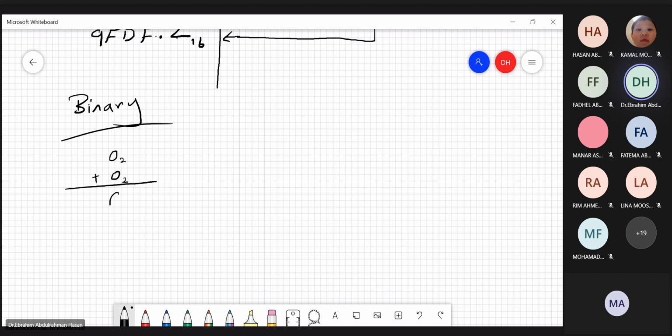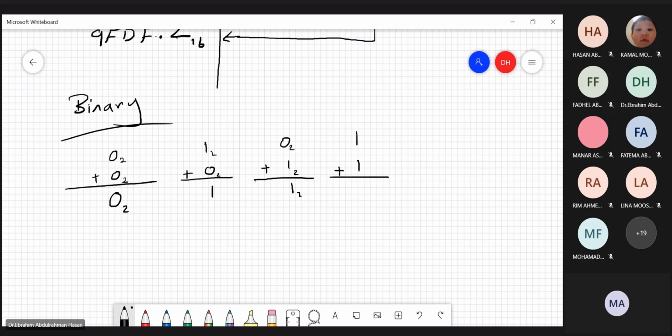So 0 plus 0 is equal to 0. 1 plus 0 is 1. 0 plus 1 is 1 base 2. Okay, what about 1 plus 1?